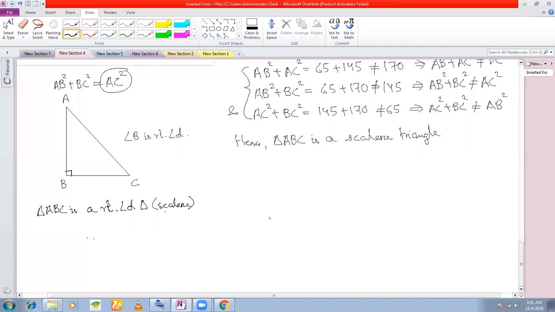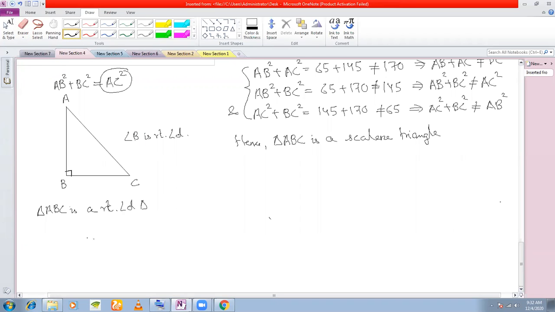Even if you don't write scalene, it's no problem, because when you say right angle triangle, normally we mean scalene. We don't mean isosceles right angle triangle. For isosceles right angle, we mention specifically that it is an isosceles right angle triangle. So even if you simply write a right angle triangle, that would have been sufficient. But the figure is important.